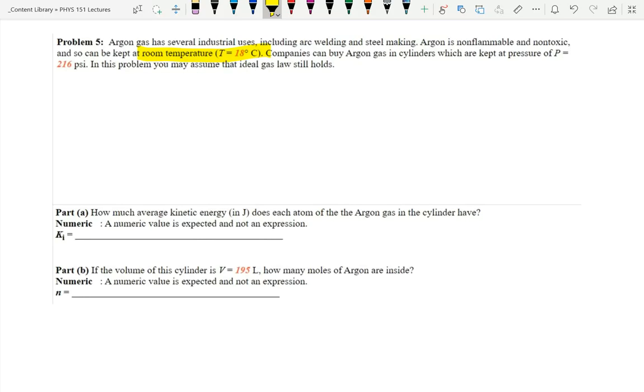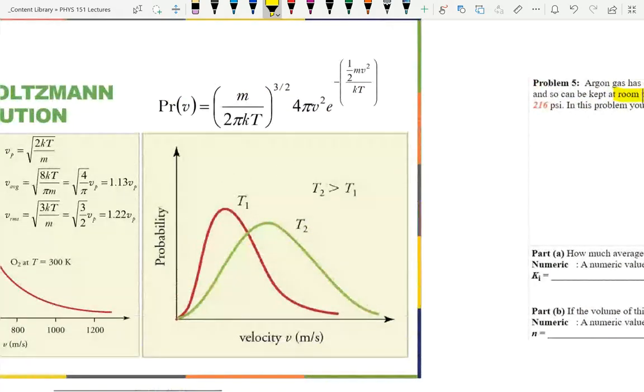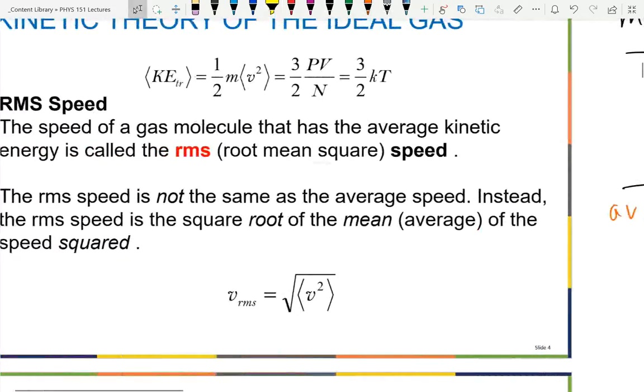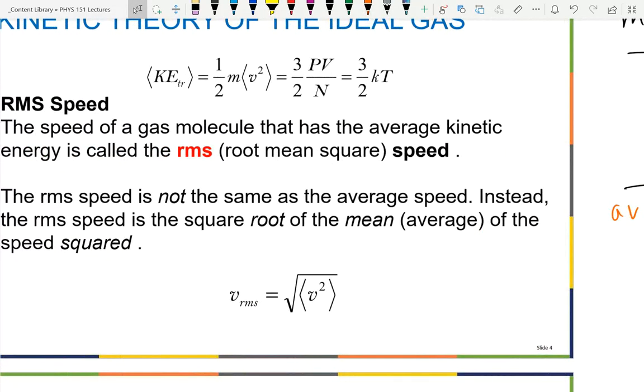So how do we relate temperature to average kinetic energy? It's this pretty simple equation. If it's a monatomic ideal gas, which argon is, then the average kinetic energy is 3/2 kT.